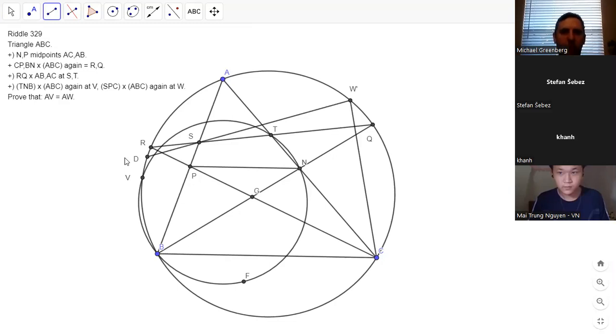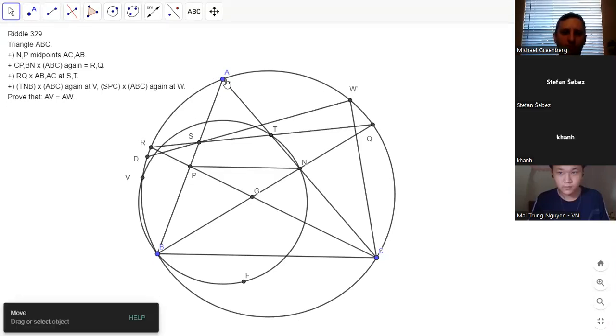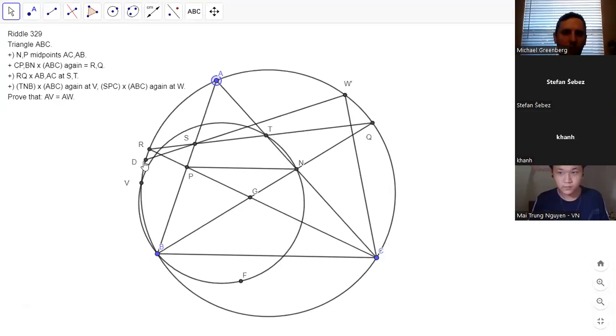Oh, okay. You don't think WS bisects? No, WS doesn't bisect the arc AB, but arc DB is equal to arc AR. That we want to show. So D and R, DR is parallel to AB, and arc DB is equal to arc AR.